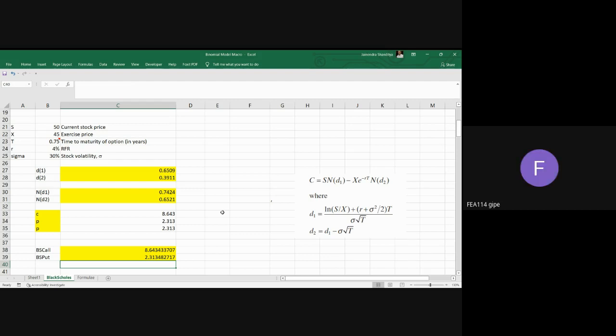Can you just hold on for a minute and show the formulas once again that you have used? It will take only 2 minutes because I am not able to get the same answers. Which formula are you talking about? D1, D2, ND1, BS call and BS put.